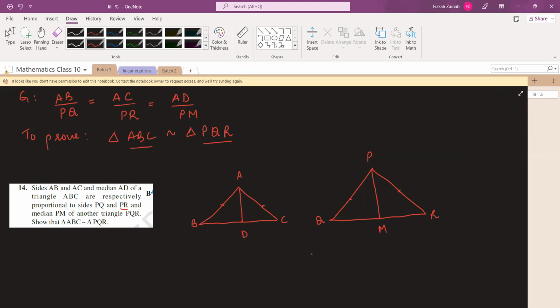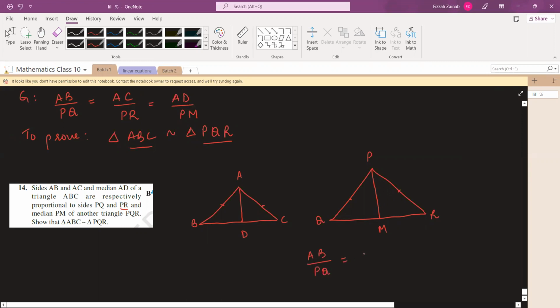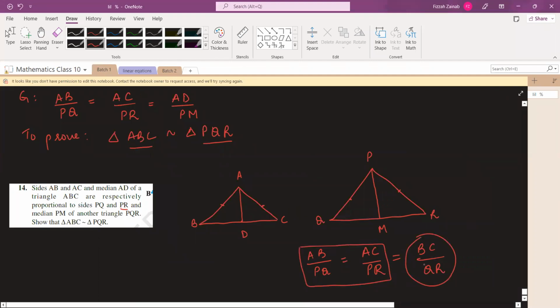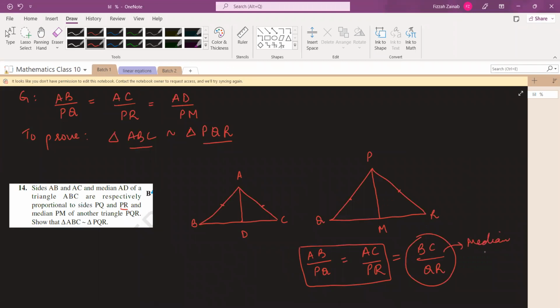If ABC is similar to PQR, you need side AB proportional to PQ, side AC proportional to PR, and then side BC proportional to QR. Now this much is already given to you, but this side is not in proportion. Instead of this side, the medians are given as proportional. Understand?